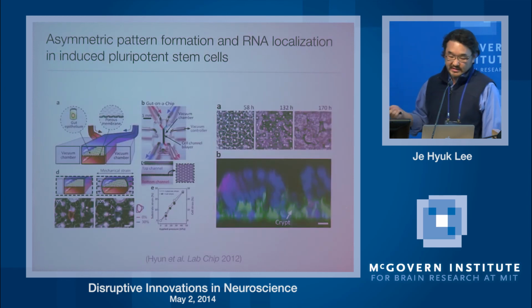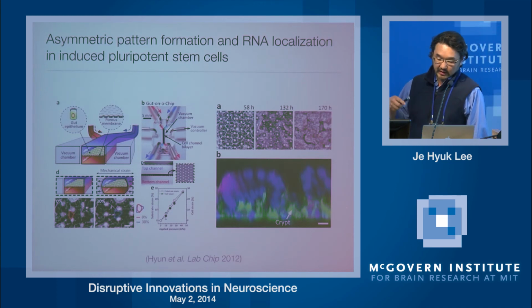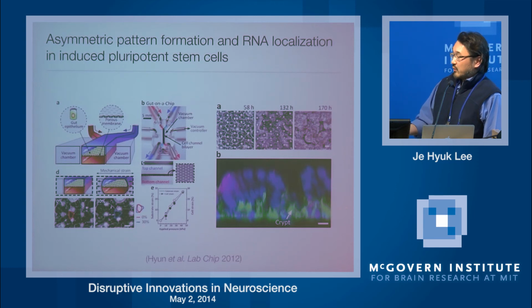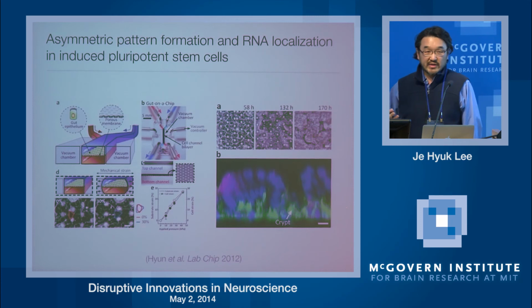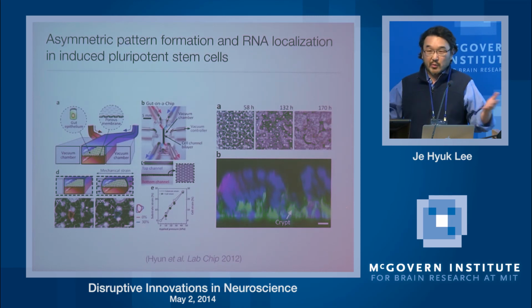Another thing I'm really excited about is investigating Wnt signaling for cell polarity in epithelial cells, in vivo and in vitro. Working with Hyun from the Wyss Institute, what we noticed is that epithelial cells grown in a flat dish just form a monolayer.